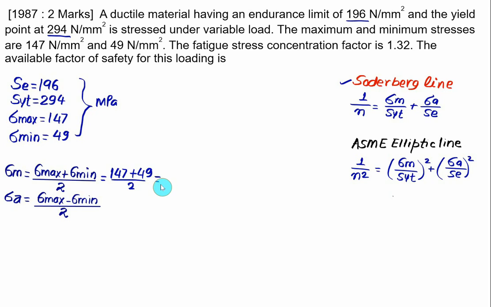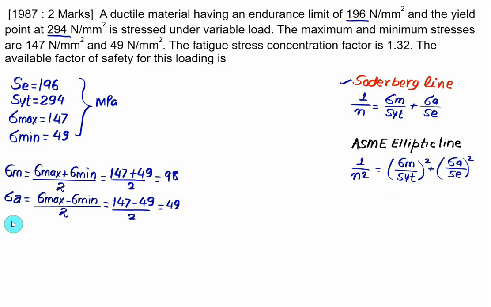So you will get the mean stress equal to 98 megapascal. And the amplitude stress is sigma max minus sigma minimum, 147 minus 49, divided by 2, so you will get an amplitude stress equal to 49 megapascal.